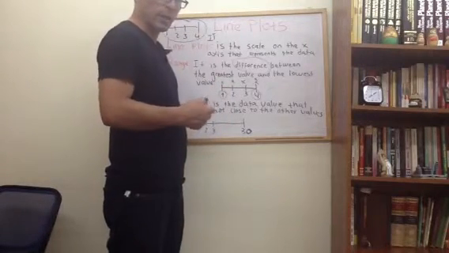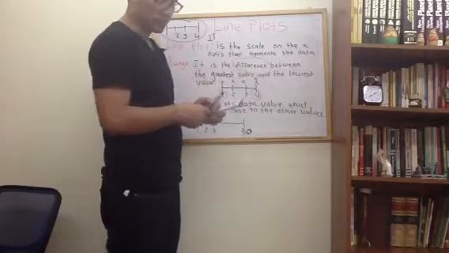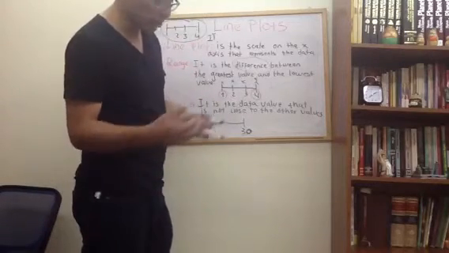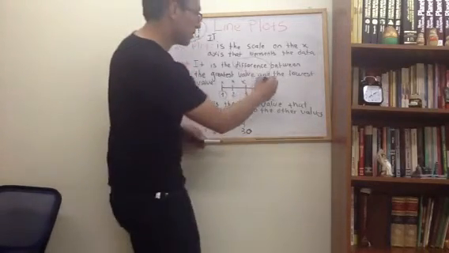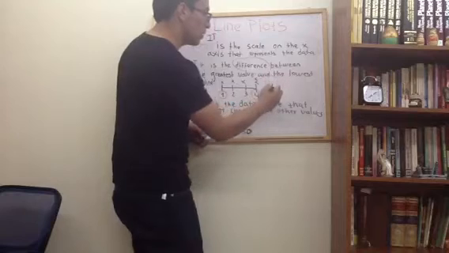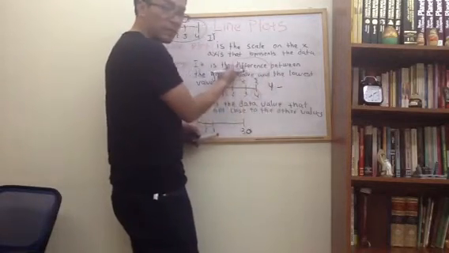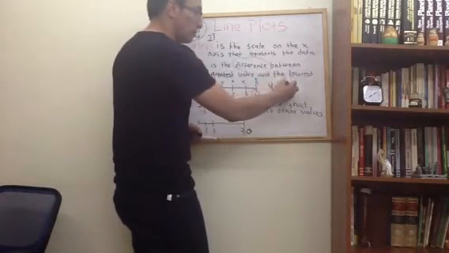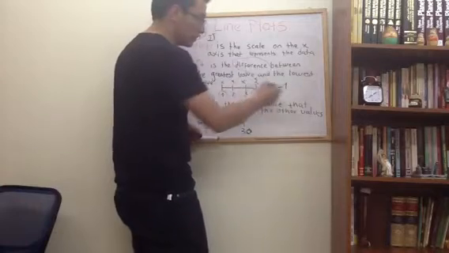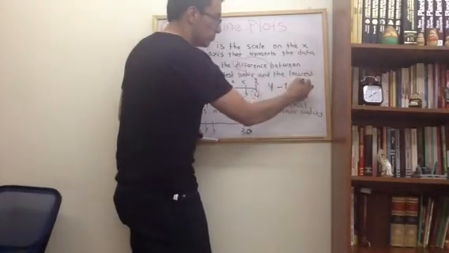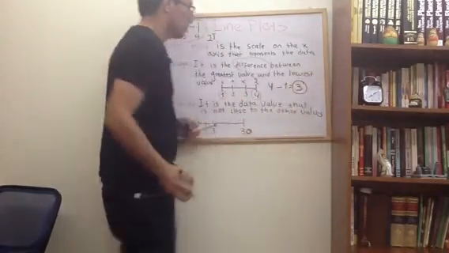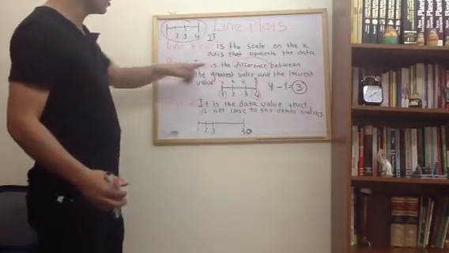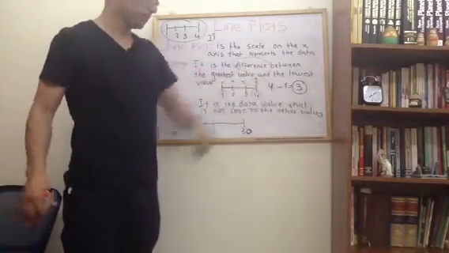And we make the difference, which is a subtraction. So we take the greatest value, 4, minus 1, which is the lowest value, that equals 3. So in that case, the range equals 3.